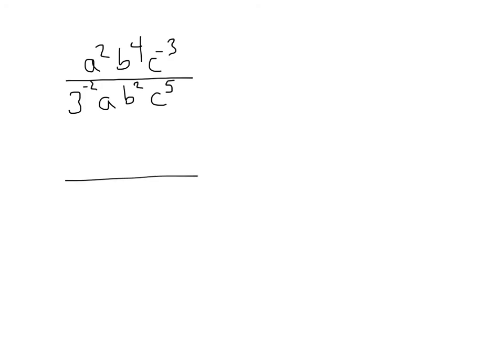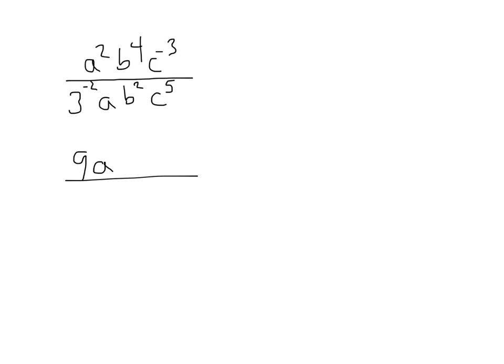First thing I'm going to do is I'm going to deal with this 3 to the negative 2 here. Well, 3 to the negative 2 can be moved up to the numerator and become 3 to the positive 2, which we know is 9. So let's make that 9. Next thing I want to deal with these a's. A to the second over a, well, that'd be a to the first. So I'd have 2 minus 1 is 1, so I just get a in the numerator.